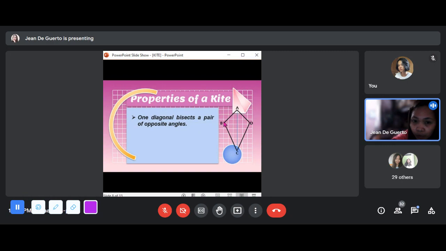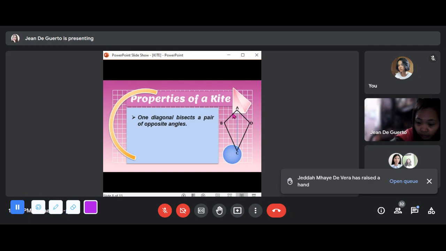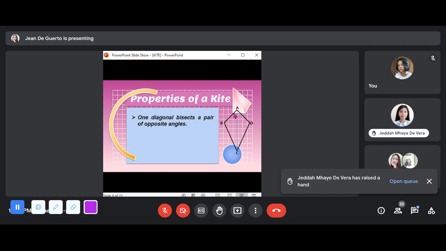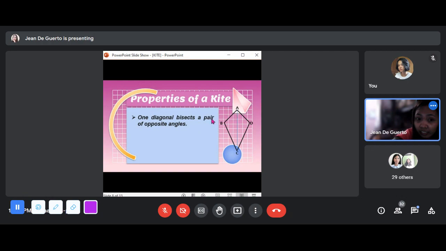If angle BAD is 120. Jeddah? 60. Okay, we have 60 degrees, because angle BAD was bisected into two equal measures. So angle BAC is 60, and angle DAC is also 60.